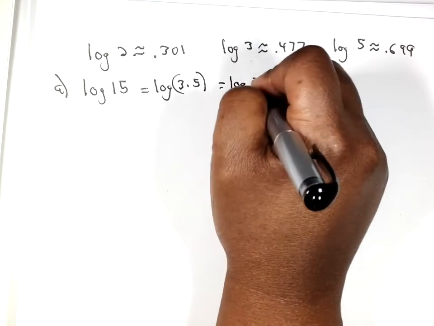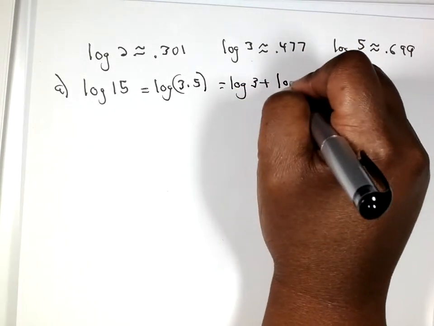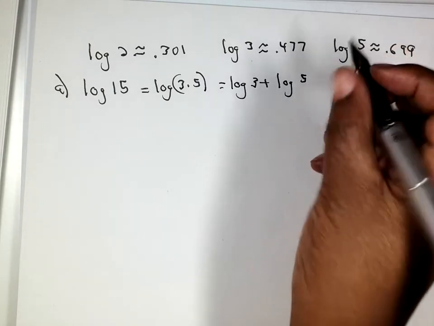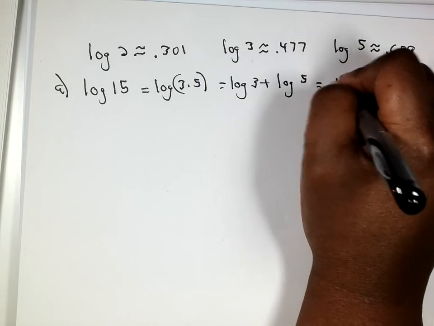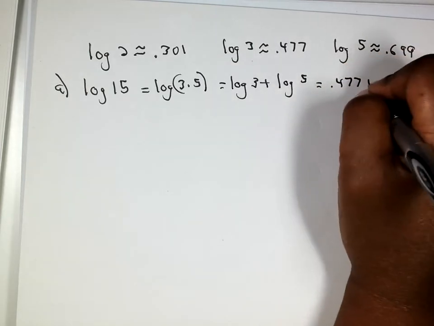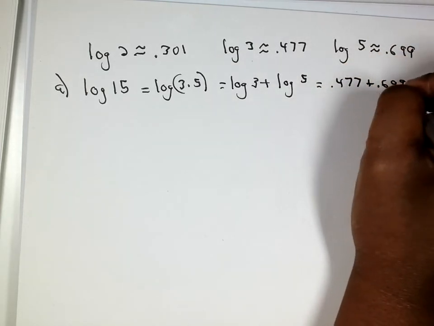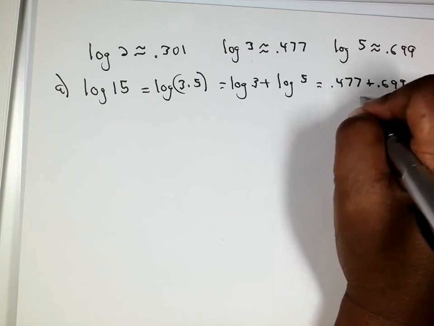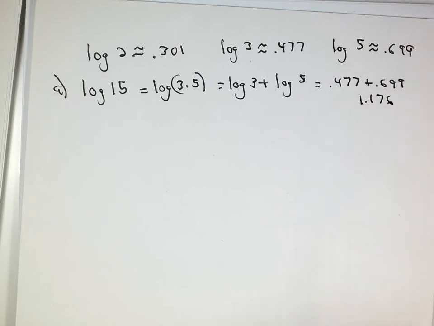So it's going to be log of 3 plus log of 5. And then I can do the substitution in. So that's going to be 0.477 for log of 3 and 0.699 for log of 5. So that adds up to 1.176.